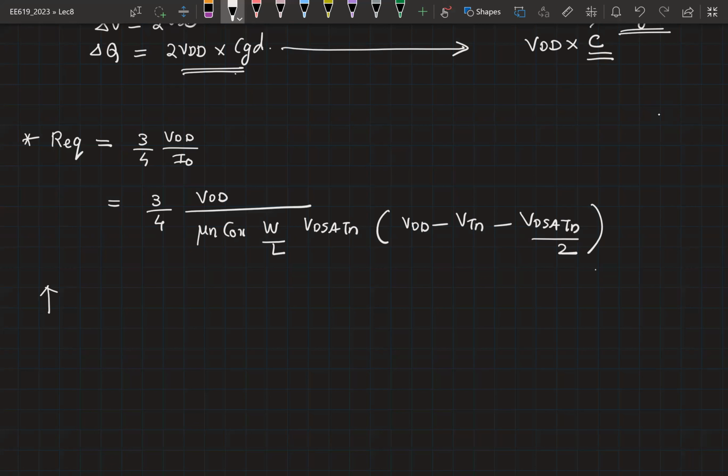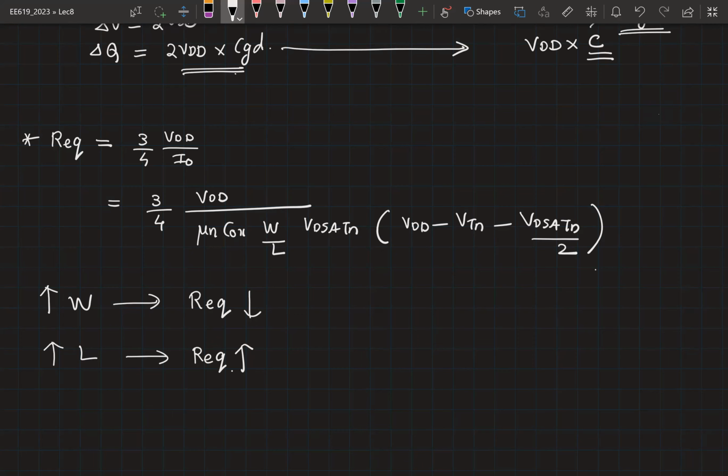When I increase the width, what happens to the R equivalent? It decreases, right? If I increase the length, what happens to R equivalent? It increases. Any doubts on this? Everyone is convinced?